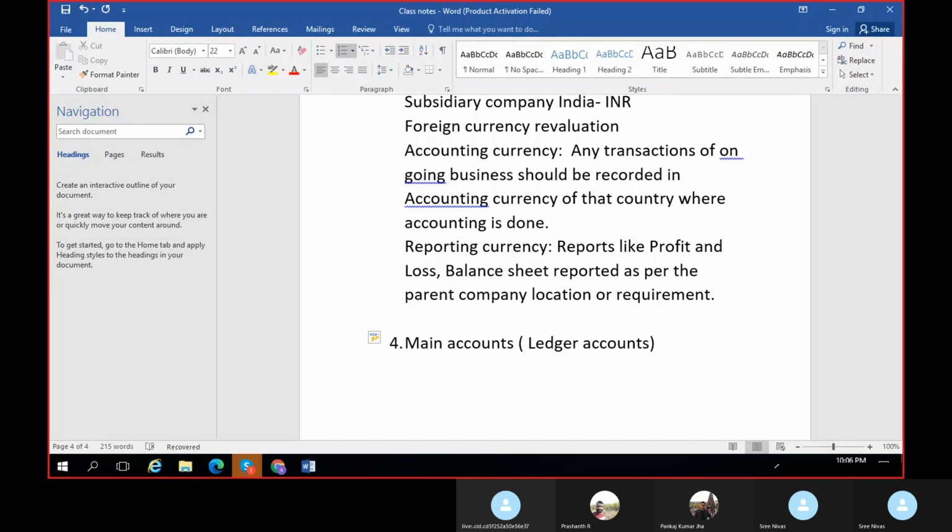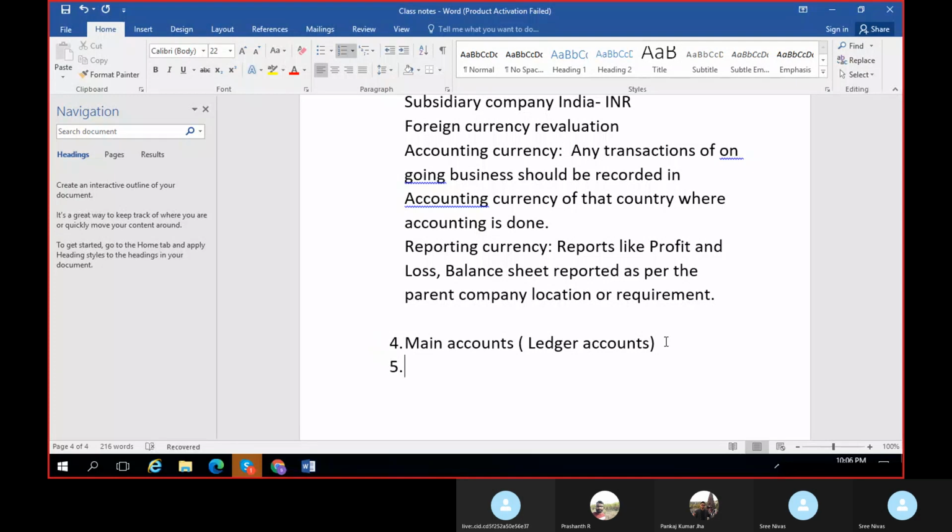If it is a balance sheet account, you give balance sheet, and then the user controls. If you want this rent account to be used only by one particular team, such as the general ledger team, you can give those controls. An in-depth explanation of main accounts and the fields to configure them, we will discuss when we start the main accounts topic.